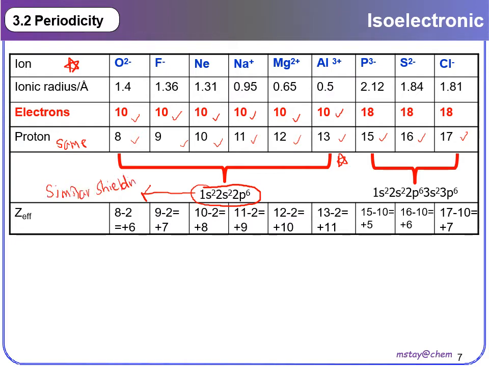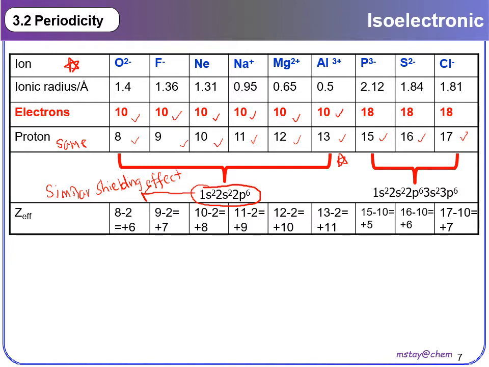So when they have similar shielding effect, we cannot use this factor to explain why they have different radius.